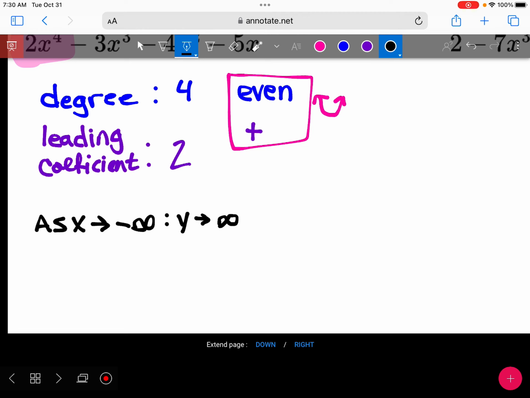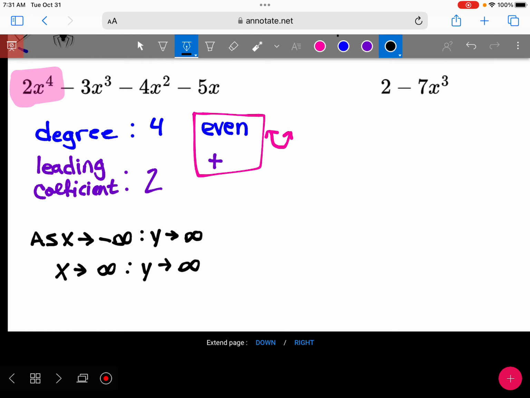Then we're going to do the right arrow. As x approaches positive infinity, my y approaches positive infinity again, because my right arrow is also going up.